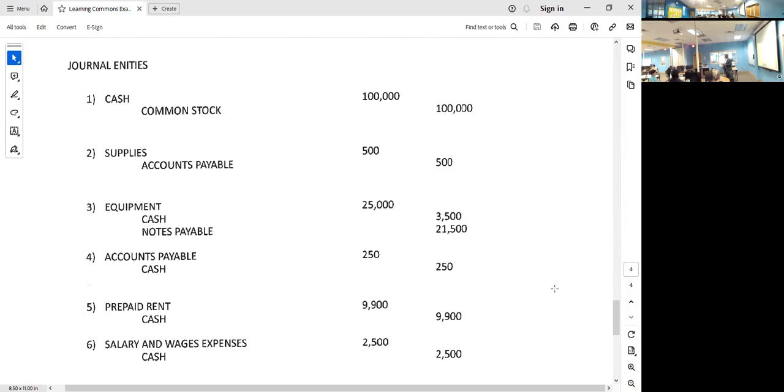It's only an expense when it has occurred. Y'all remember that? When it's occurred, that's another principle there. It has to have happened. In this case, you haven't used any of the rent. That's why it's prepaid. Prepaid is what kind of an asset? Prepaid is an asset account, not an expense. It's an asset account until you use it, and then it becomes an expense.